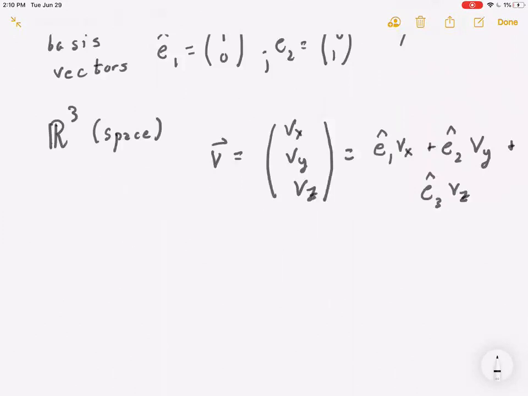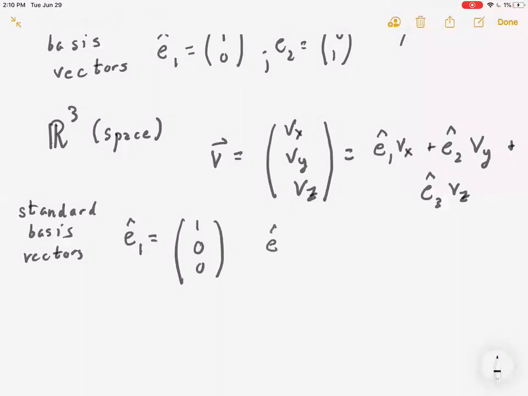So clearly the standard basis vectors are: e hat 1 is the 3x1 matrix that looks like that. e hat 2 is a 3x1 matrix that looks like that, 3 rows in 1 column, and e sub 3 hat is 0, 0, 1.